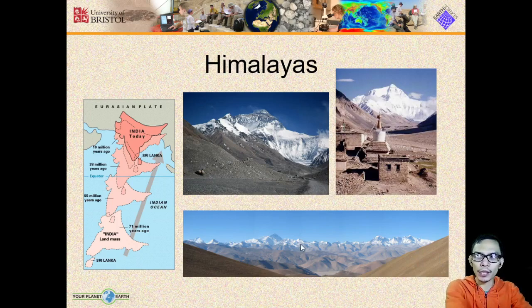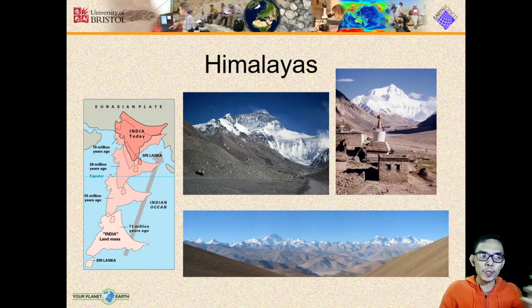So this is how mountain ranges are formed: when two continental crusts collide. You have here extensive folding of the lithosphere, thus forming the mountains that you have right here. A very good example is right here. The tallest peak is Mount Everest, which is part of the Himalayan mountain range.